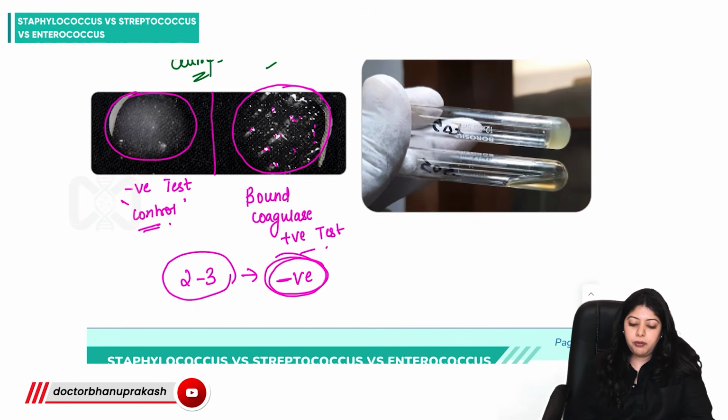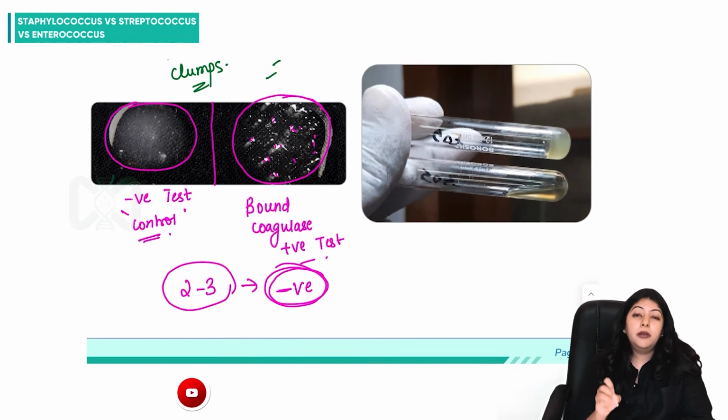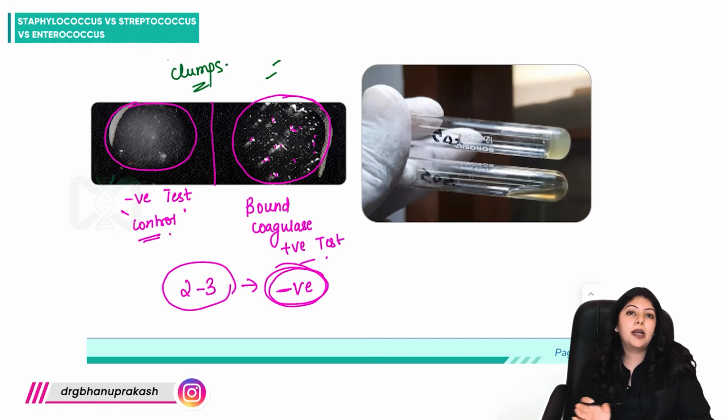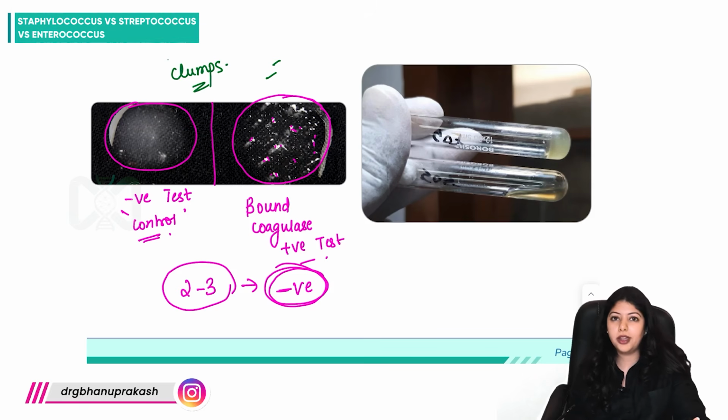It is very important to add plasma which is fresh, and we need to ensure that no older plasma is added, otherwise it might at times self-coagulate. So we have to ensure one thing for this particular test.